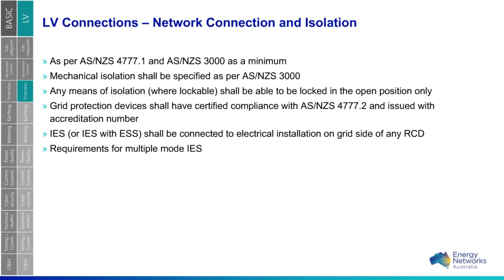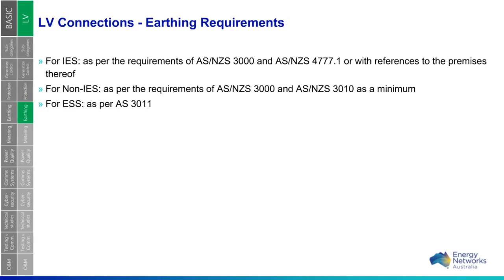And just to further clarify, mechanical isolation would be as per AS 3000, and there's some detail provided there. Grid protection devices shall have certified compliance with 4777, and then making sure that IES and IES with ESS would be connected to the electrical installation on the grid side of RCDs, and then also specifying requirements for multi-mode IES as well.